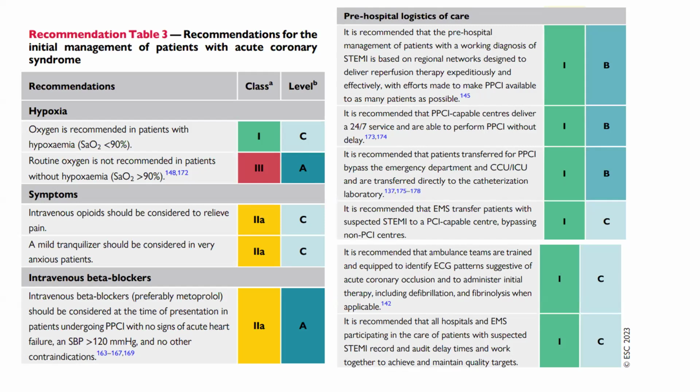It is recommended that patients transferred for primary PCI bypass the emergency department and coronary care unit or ICU and are transferred directly to the cath lab. This is ideal, but in our setting, it doesn't happen most of the time. You have to go through the emergency, or you have to go through the National Cardiothoracic Center, depending on how you come.